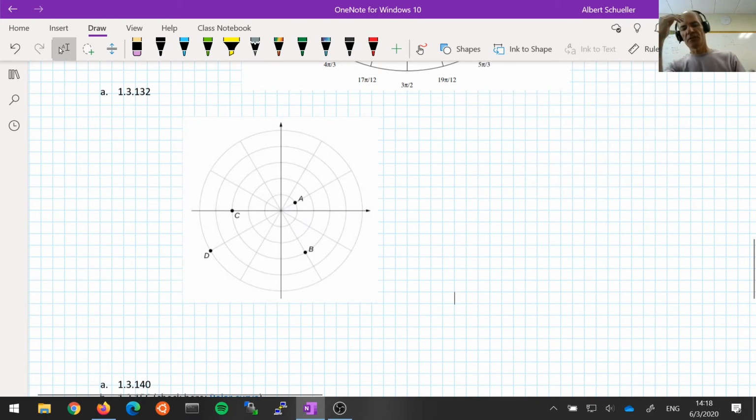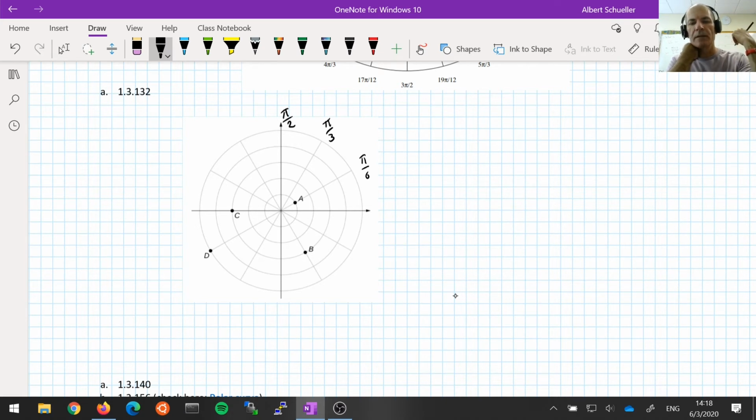All right, so what are the coordinates of A? Well, I think the first thing we have to do is figure out what these angles are. We've taken the first quadrant, which goes from 0 to pi over 2, and we've chopped it up into 3 pieces. So 1/3 of pi over 2, of course, is pi over 6, and 2/3 of pi over 2 is pi over 3. So now we see that A is really just (1, pi over 6).